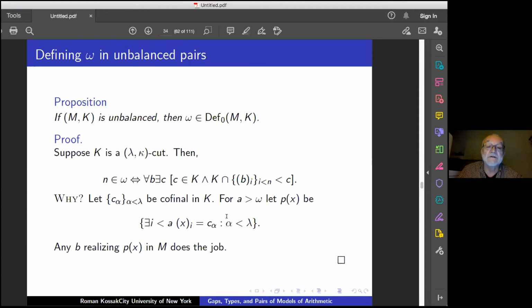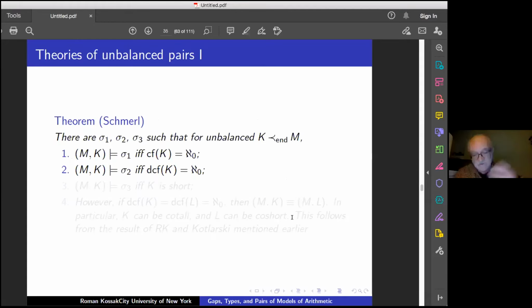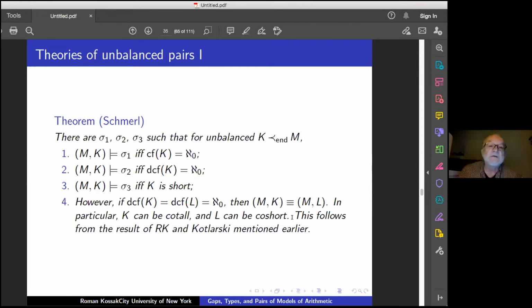And again, this is clearly a finitely realizable type in the model, and by kappa saturation it's realized, and any B that realizes the type is a witness that if A is non-standard, then this part of the statement is false. So that's simple. Omega is definable without parameters. And because of that, you can recognize first order theories of certain kinds of cuts.